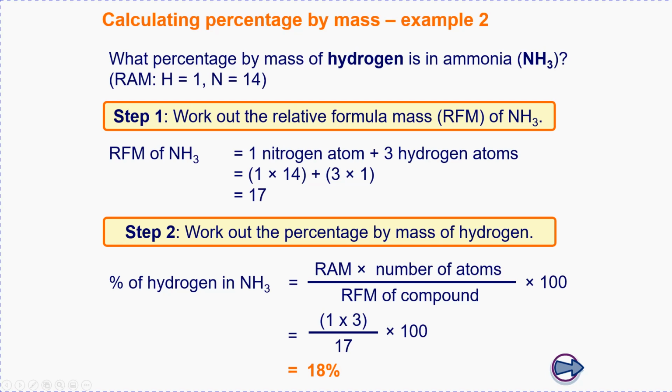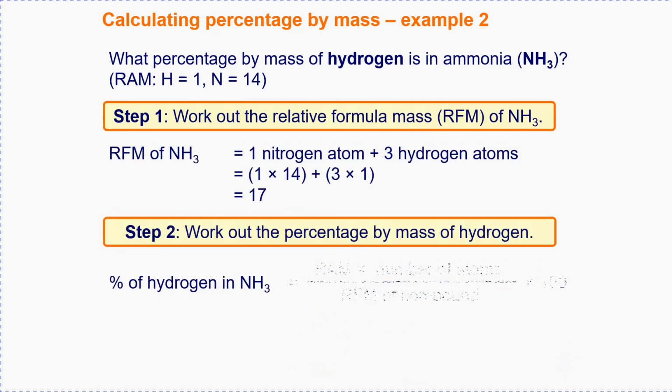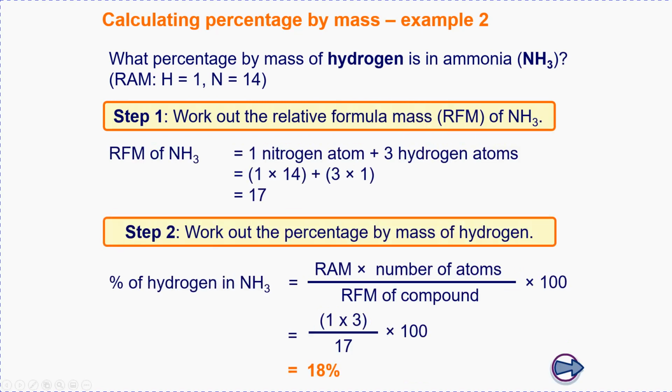So this time I've got 3 divided by 17, multiplied by 100, which gives me my 18%. And like we said, 82 from the nitrogen and 18 from my hydrogen add up to 100% of the ammonia. And that's all it is in terms of what you have to do.